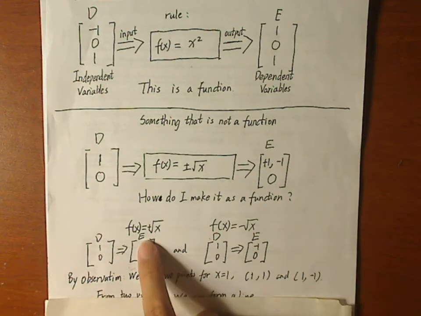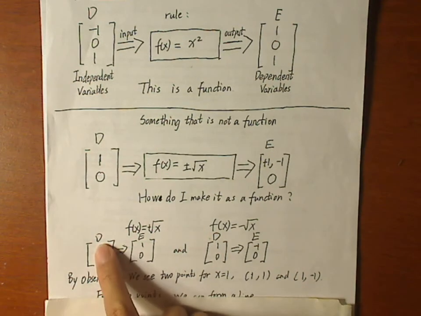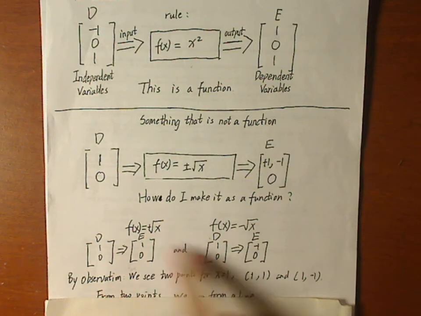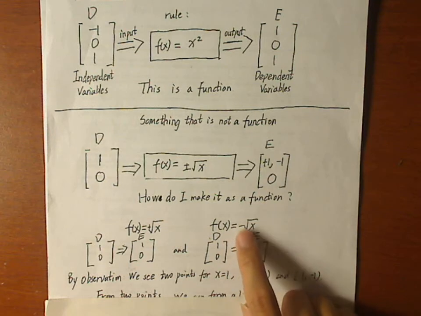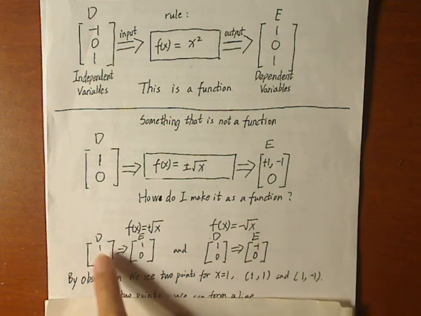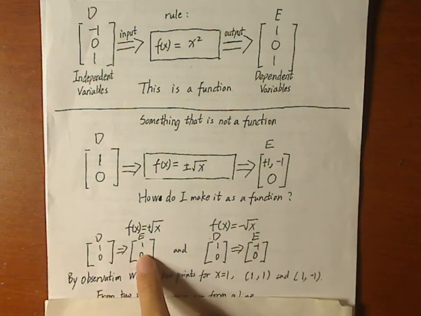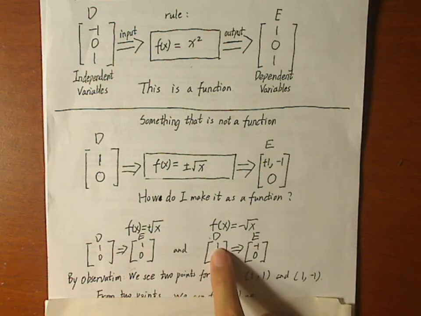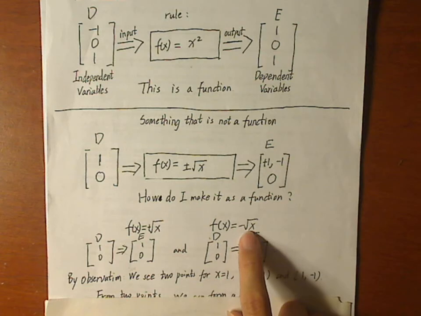I have this function f(x) equal to the positive square root of x. I have the second function f(x) equal to the negative square root of x. If I put 1 in here, I get 1 because it's positive. If I put 1 in here, I get negative 1 because this is negative.